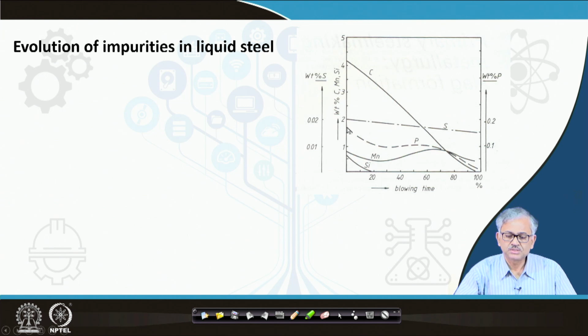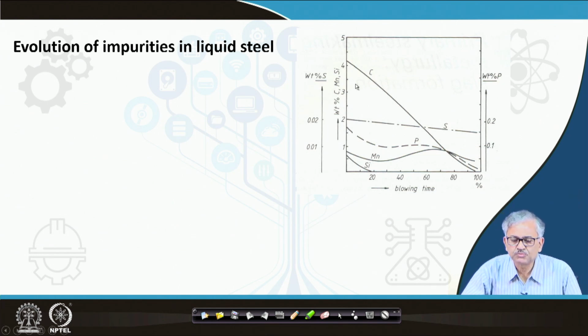This is typical composition, and you can find how the different impurities change in the hot metal with time. You can see the carbon percentage starts in the hot metal around 4.3.